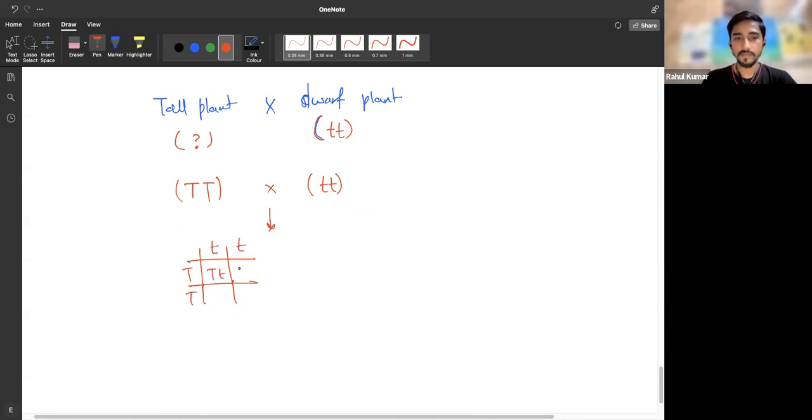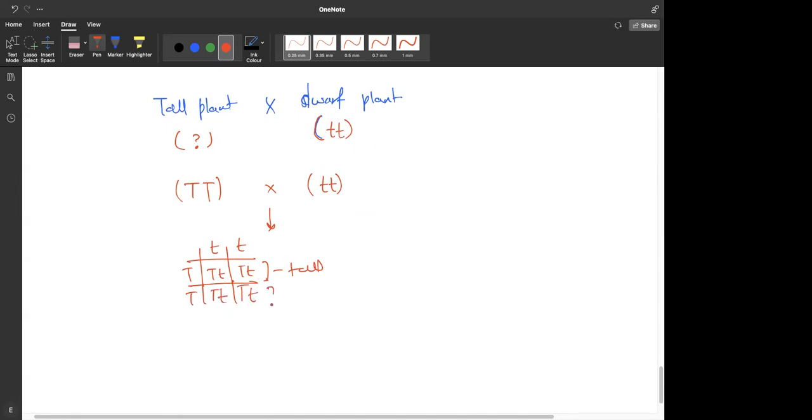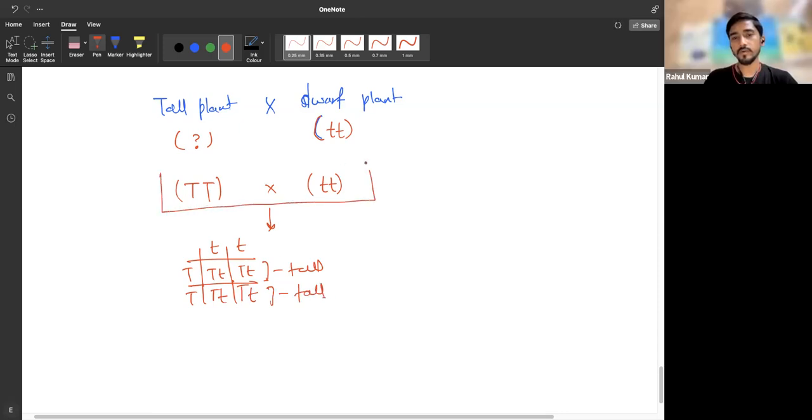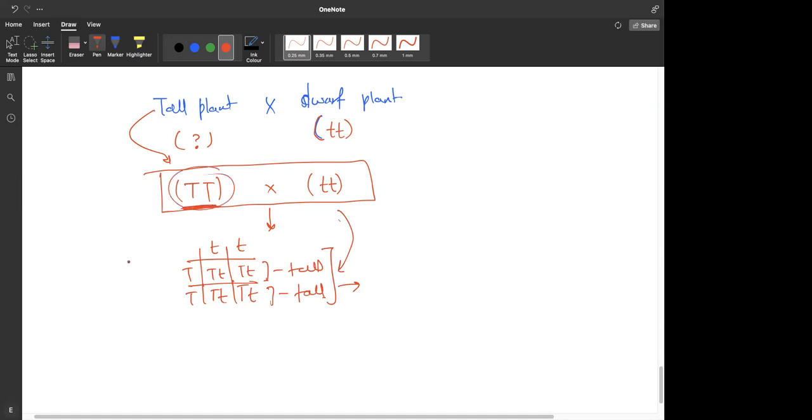So I will get everything tall, all of them tall, right? So if I cross a tall plant with a dwarf plant, and in the next generation all of them are tall, then can I say that the tall parent was homozygous? Yes. Now do you understand?